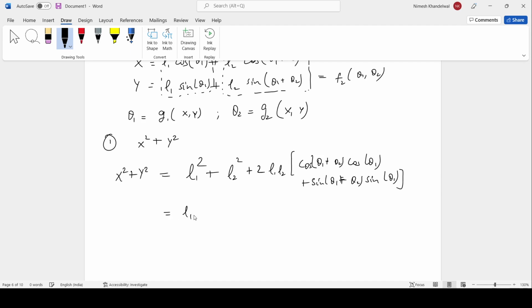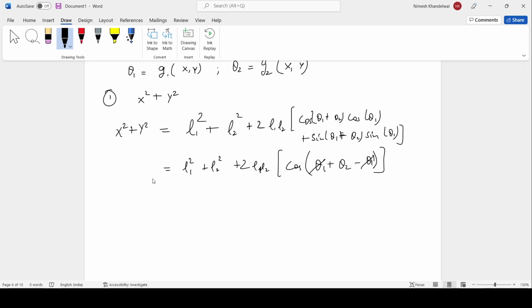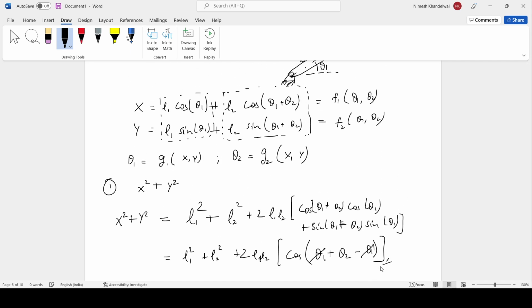So this actually becomes 2 L1 L2 times, using the identity of cos A minus B, which is cos A cos B plus sin A sin B, cos of theta 1 plus theta 2 minus theta 1. So the theta 1 gets cancelled out here, right? We were doing this because we could see some kind of structure that will make this happen.